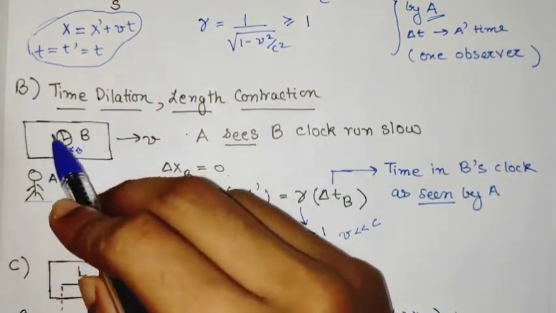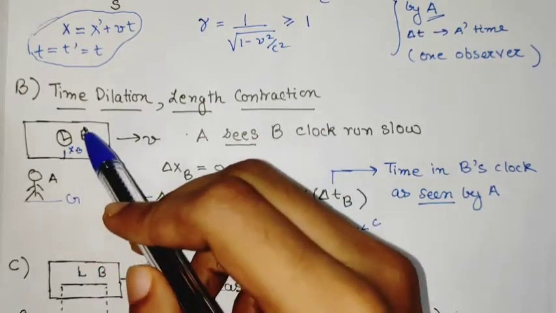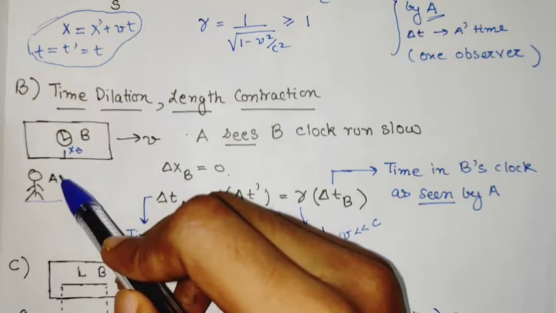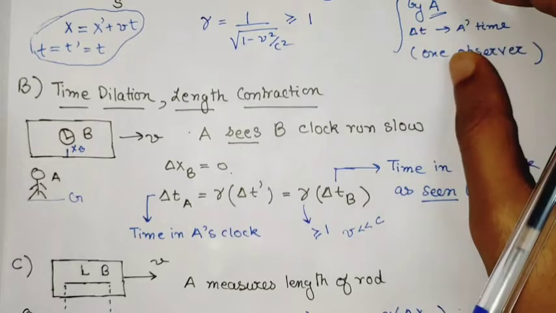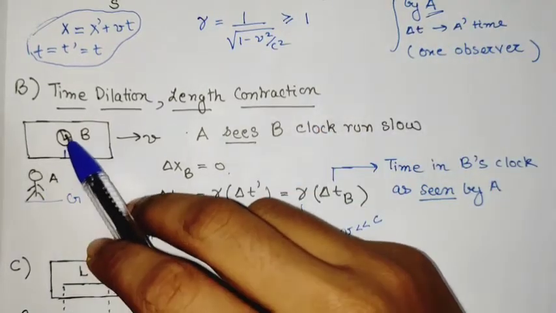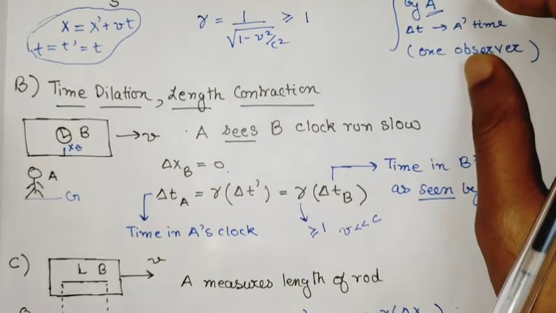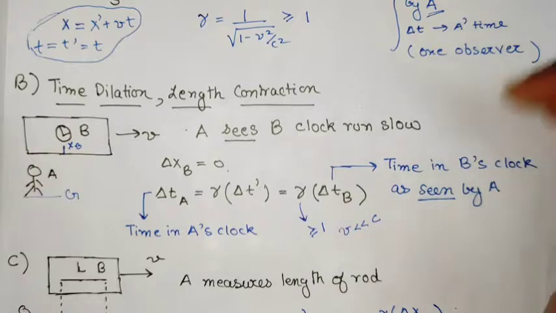Suppose this is a train and it has a clock in its ceiling, and if the train has a window and A is observing the clock from that window, what is the time comparison that A can do between the clock in B and his own clock? That is the main point. We will use the Lorentz transformation to see the comparison.